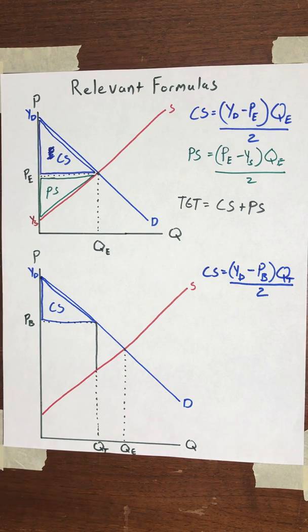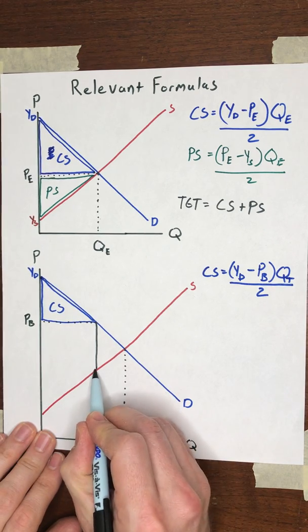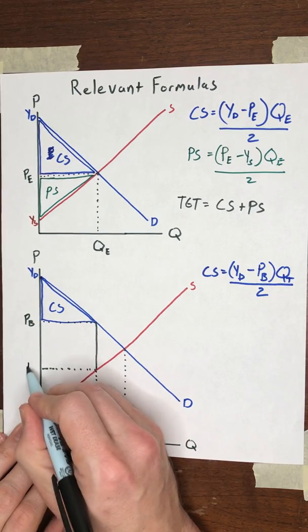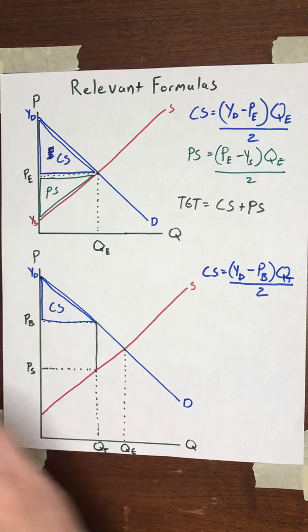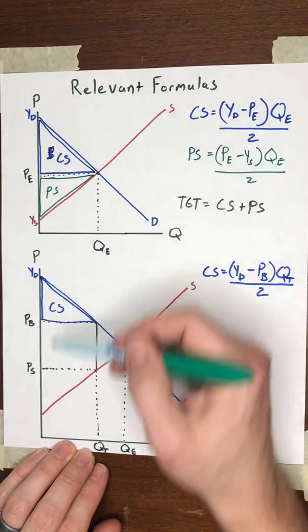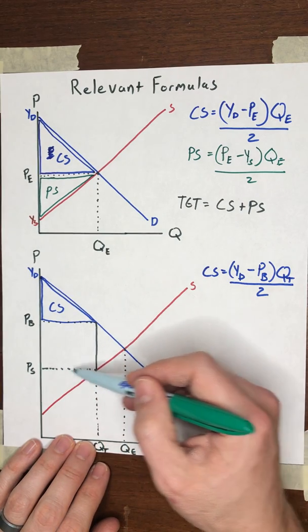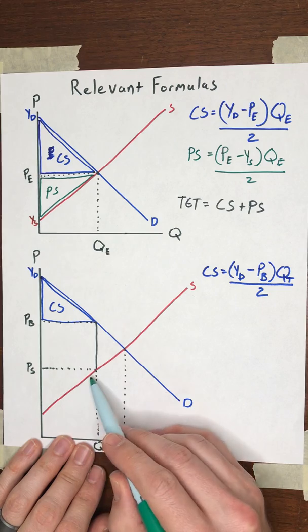What about the producers? Well, for them, we have to look at the price the sellers are going to receive, PS, that's down here. And just like in the equilibrium case, we're still going to be giving the surplus below the price that the sellers receive and above the supply curve.